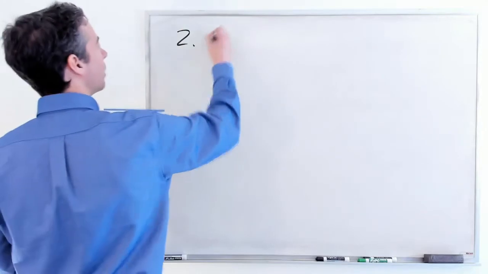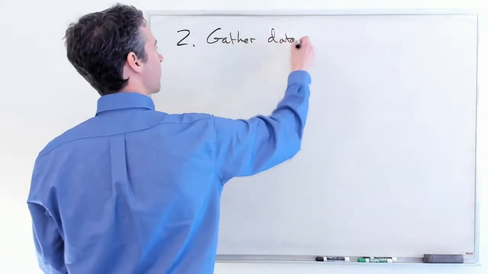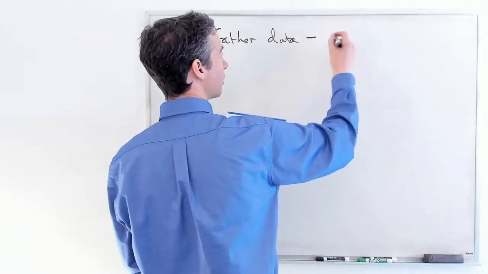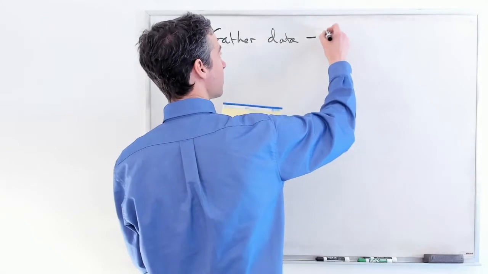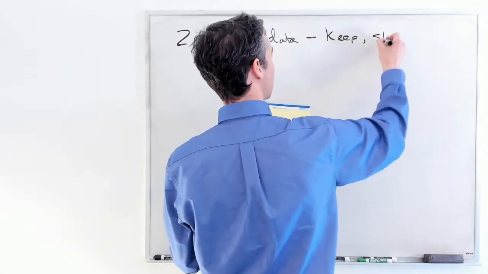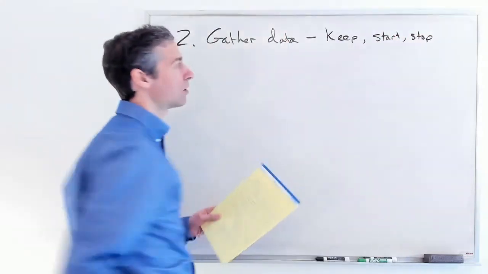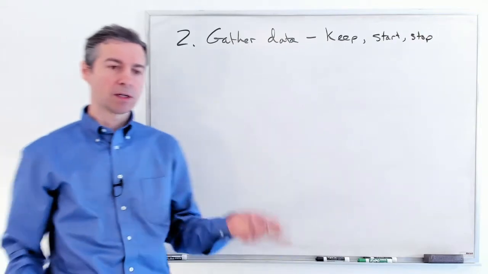The next is the idea of gathering data. So we're going to pull stuff together to help us. What's the process of doing this? We're going to use in 342 keep, start, and stop. There are other ways to gather data.